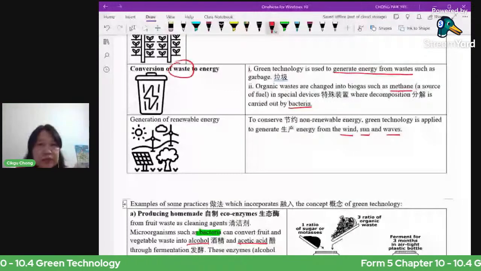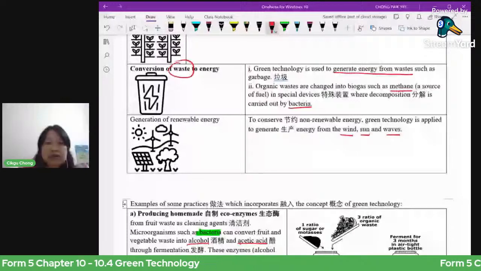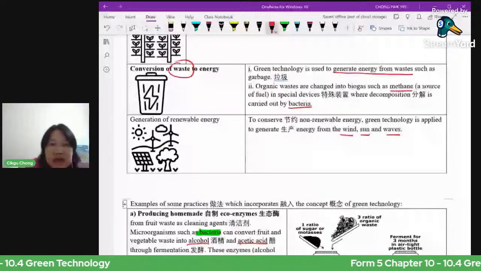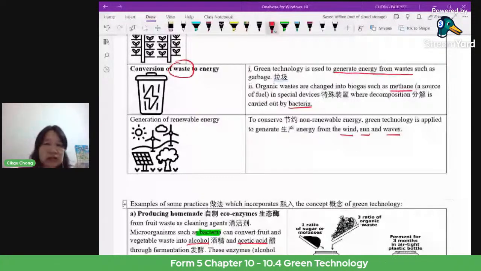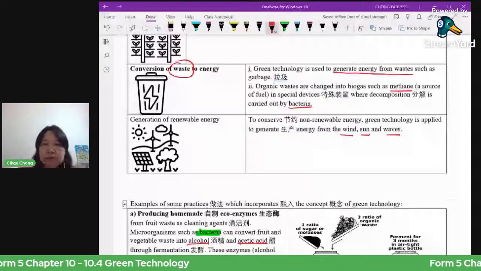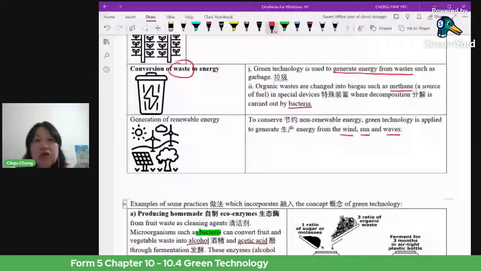It's going to be broken down into nitrogen-based compounds, and you're going to have phosphorus, potassium, calcium, and magnesium from onions and lots of vegetables. So it's going to enrich the soil, and you can use it as fertilizer for your plants.